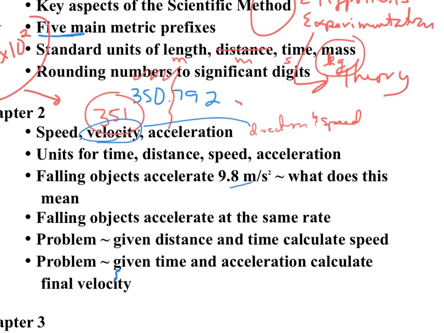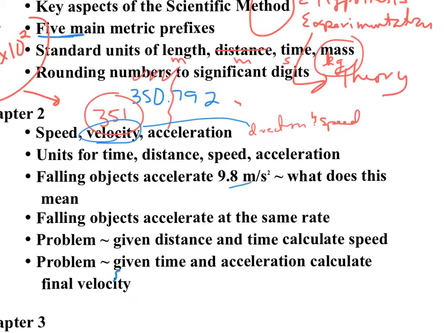Okay, so acceleration is a change in velocity. I'll just put change in V for velocity. Ooh, that color's not very good, is it? Okay, so acceleration is a change in velocity. So acceleration could be either a change in direction and or a change in speed, right?